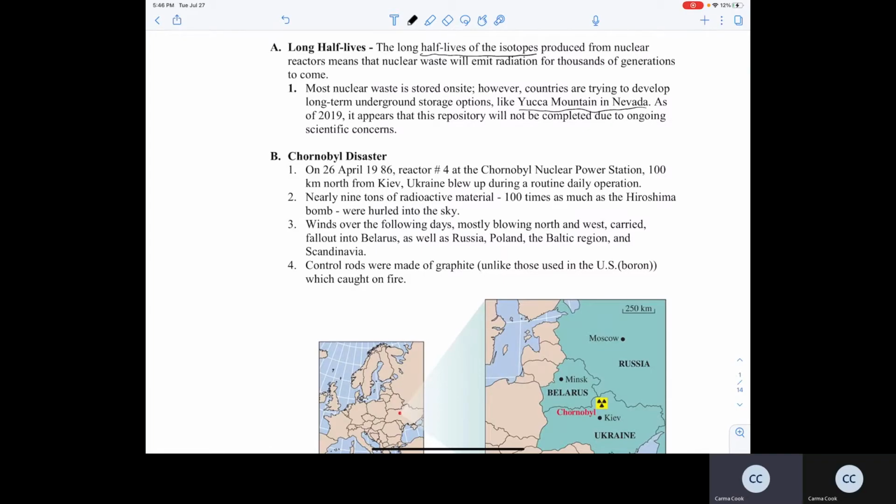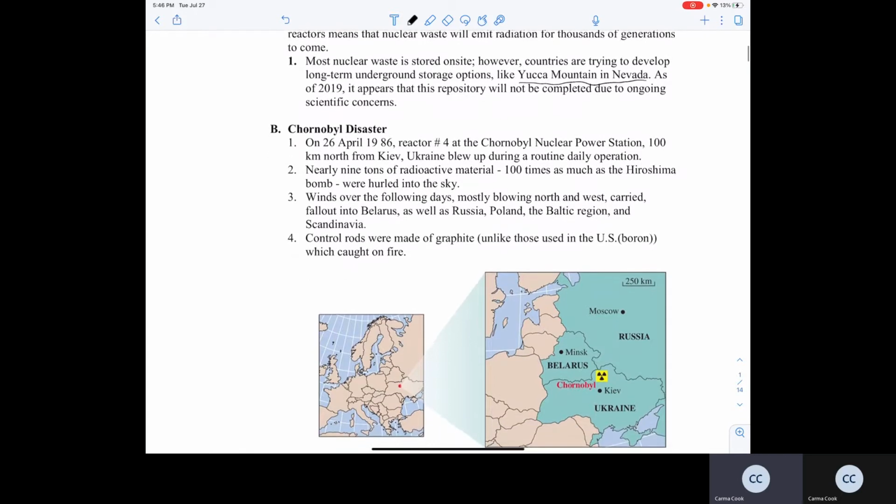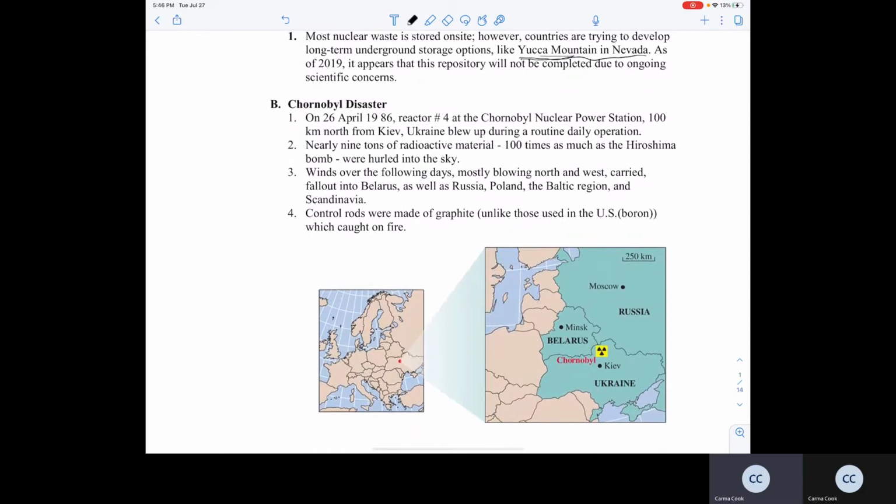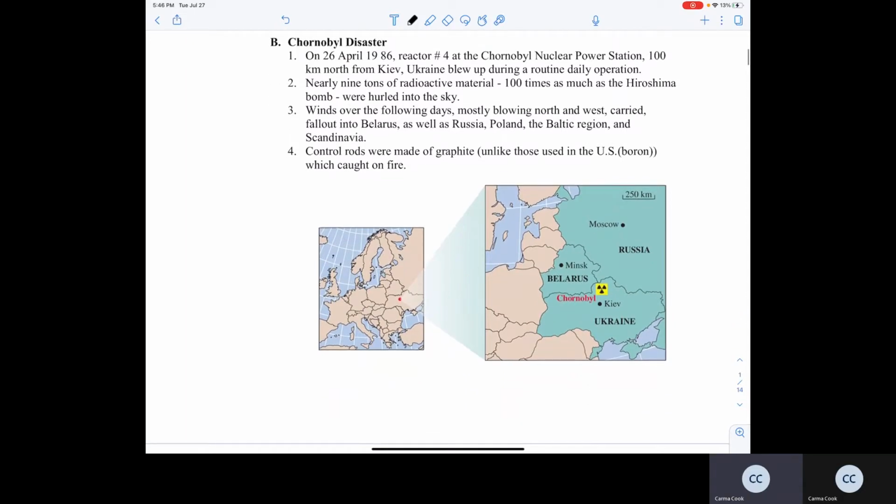Even though no one lives anywhere near Yucca Mountain, it's an isolated, desolate place, still, is there a risk for groundwater systems and so on? So as of now, we have not used this Yucca Mountain site in Nevada to bury any nuclear waste. It's still being stored in huge storage containers on site at each nuclear power plant.